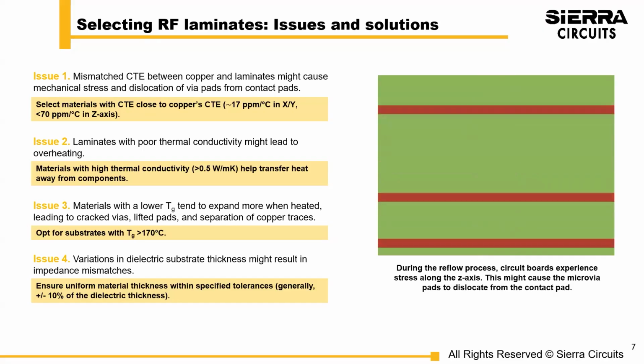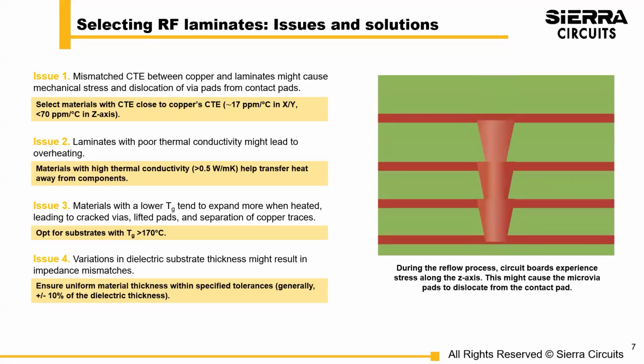Also choose substrates with a glass transition temperature that is above 170 degrees Celsius because lower glass Tg materials usually expand more under heat, increasing the risk of cracked vias, lifted pads, or delaminated copper traces. Also, variations in dielectric thickness might impact your impedance. So, always ensure uniform material thickness, ideally within, say, plus or minus 10% of the specified value.